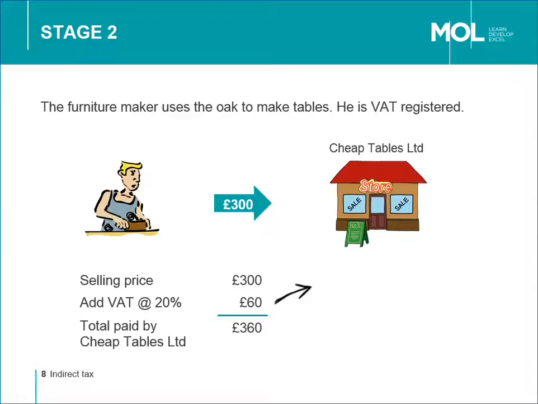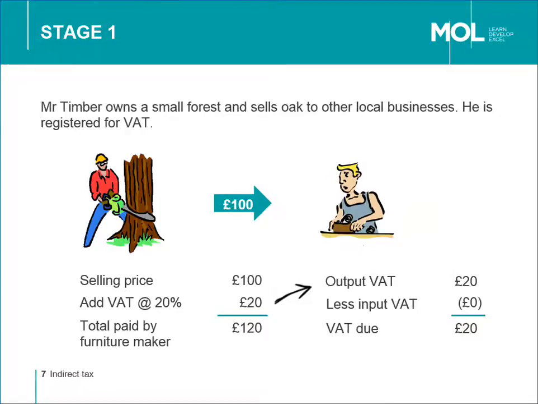The VAT return will therefore be as follows: output tax collected of £60, less input tax suffered of £20. The total payable to HMRC is therefore £40. Note that the £20 of input tax reclaimed is the same amount that was charged as output tax to the local furniture maker when he first purchases the oak from Mr. Timber.